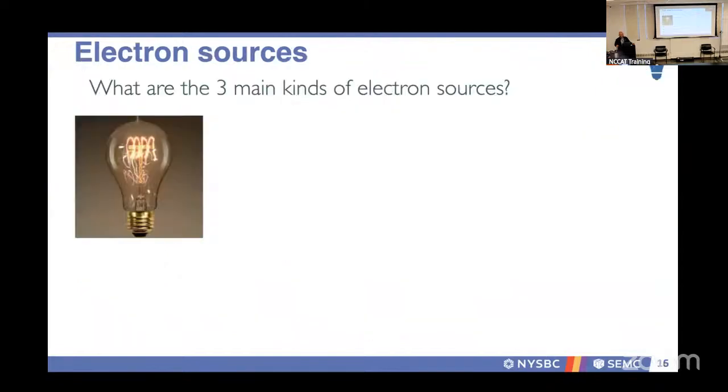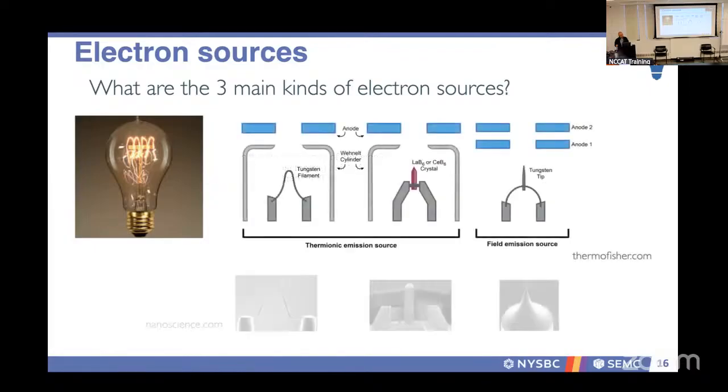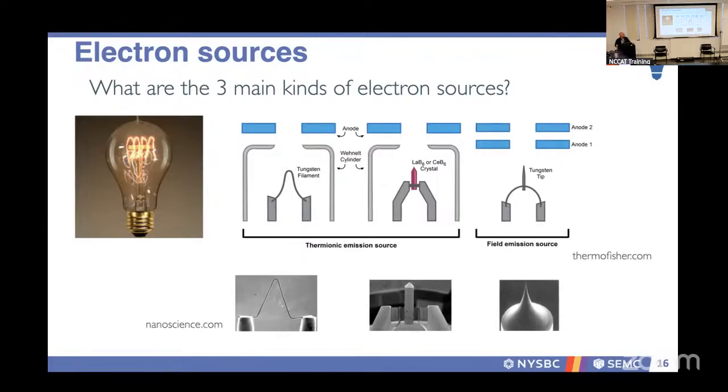Now, in terms of electron sources, there are 3 main electron sources that we utilize here at the center. We tend to have sources made from tungsten because it has a really high melting point, and therefore we can use it very similarly to a light bulb.